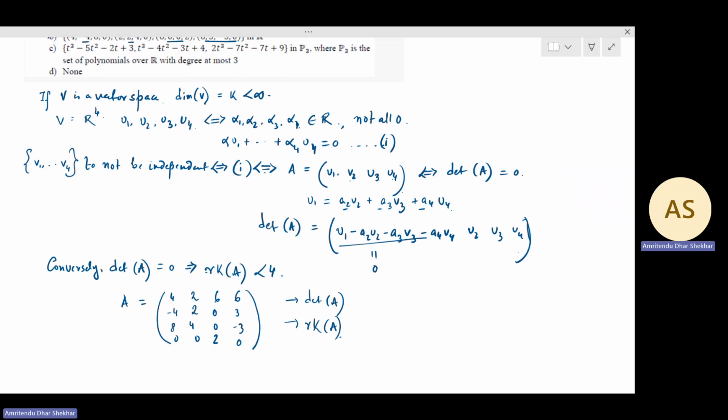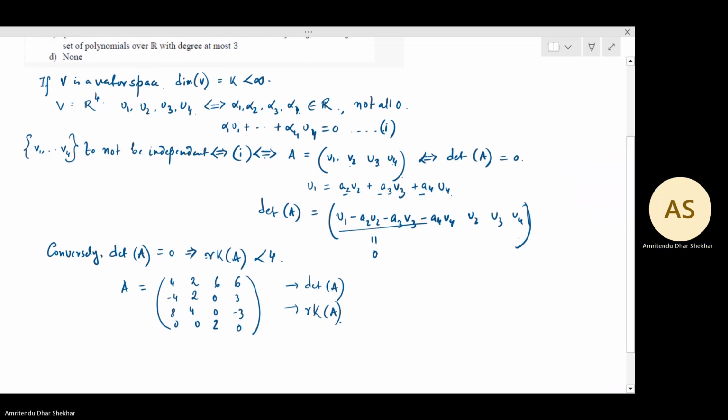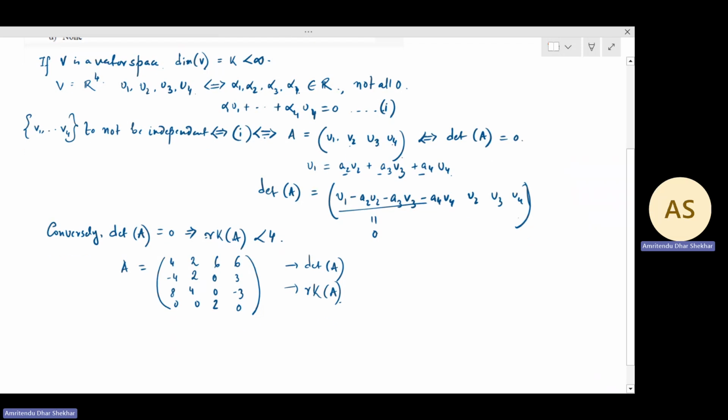In order to compute the rank of A, one thing that we know, a property of the rank of a matrix, is that the row rank of a matrix is equal to the column rank of a matrix. So it does not matter whether you're looking at rows or columns. Okay.